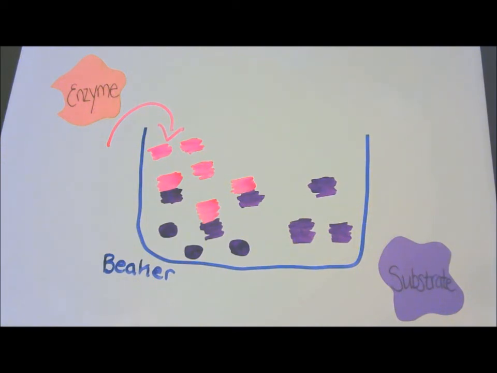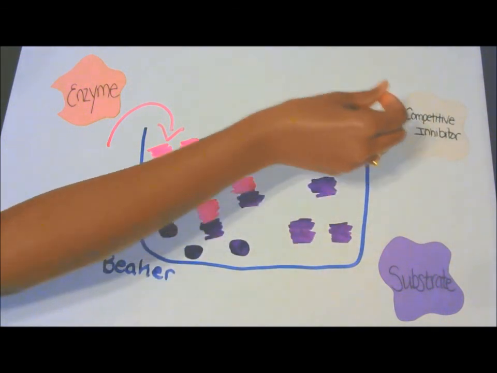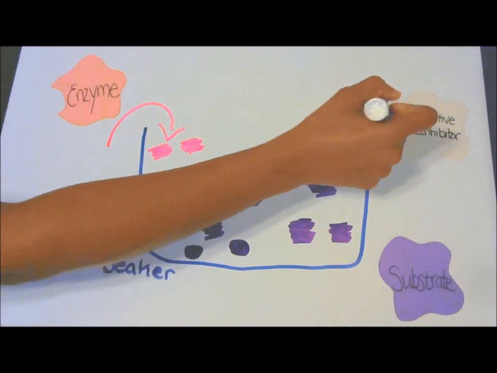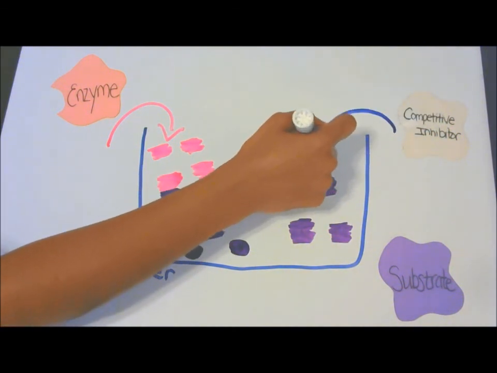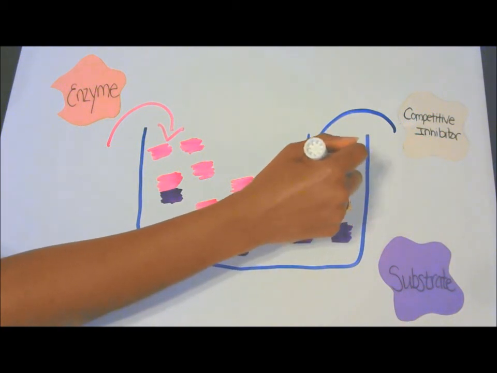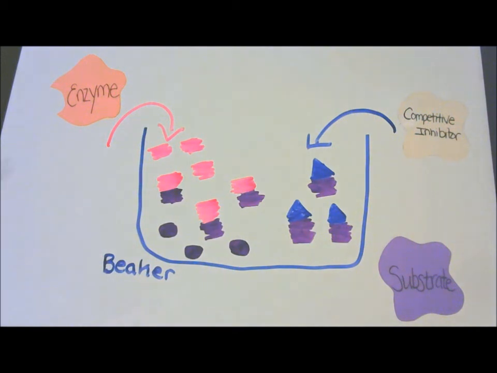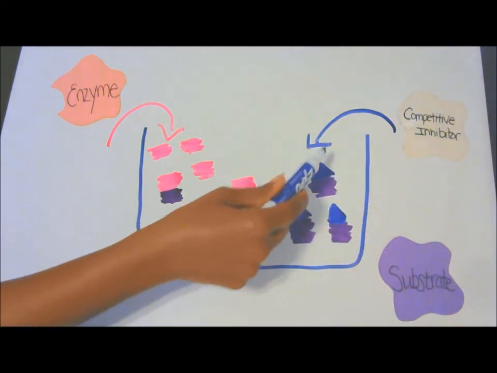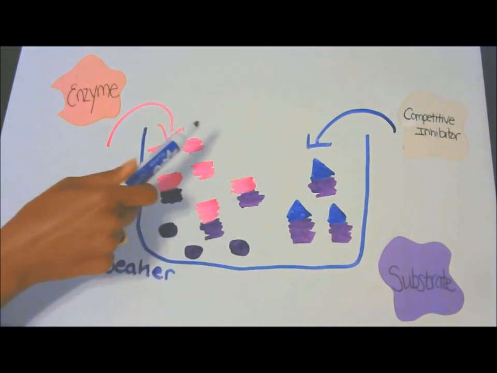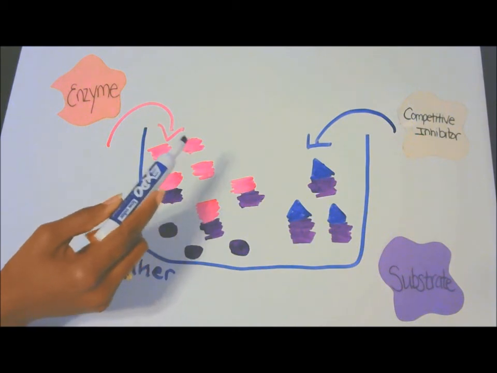So what happens if we add a competitive inhibitor? Well, they too can bind to the substrate. So if the competitive inhibitor binds to the substrate, well, what happens to the enzymes? They cannot bind to the substrate.